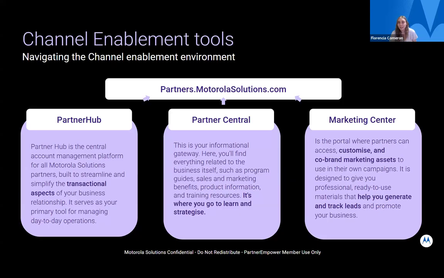It's not marketing related, so we will use it just as the access door for all the things that we can find inside. When you access Partner Hub with your partner ID and password, you will find your daily business activity numbers, and you will have access to the main menu where you can jump to the other channel enablement tools that we are offering.